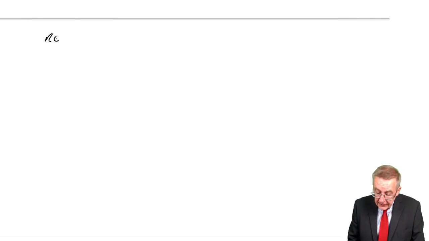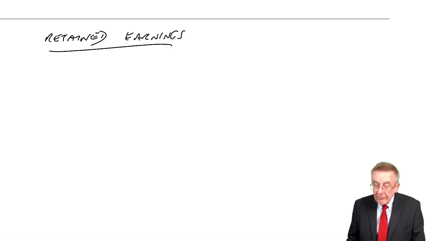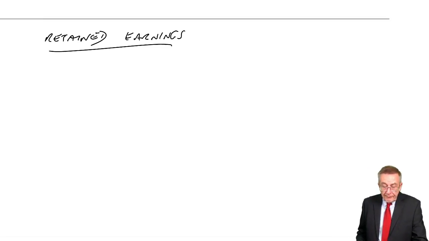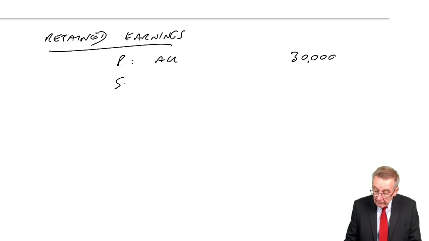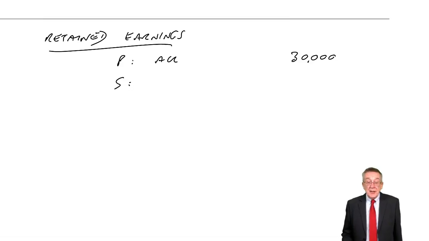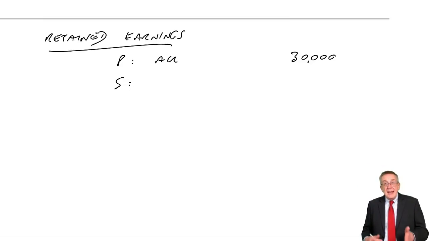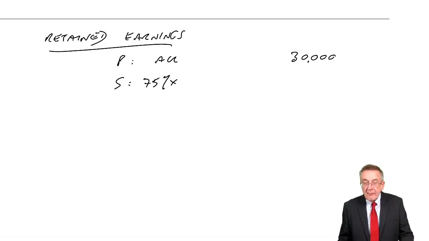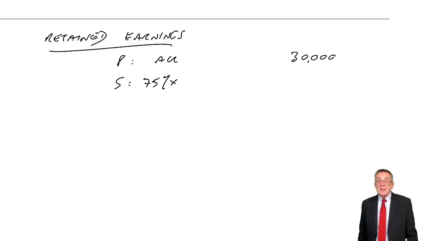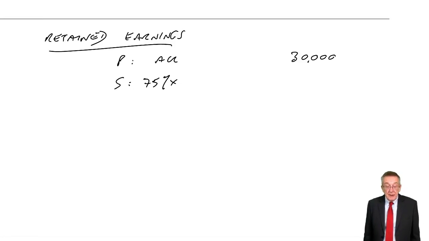What about the retained earnings for the group? Well, what do we normally do? Normally, it's all of P's, which is 30,000. And as far as the subsidiary, S, is concerned, it's P's share, 75%, of their post-acquisition retained earnings.